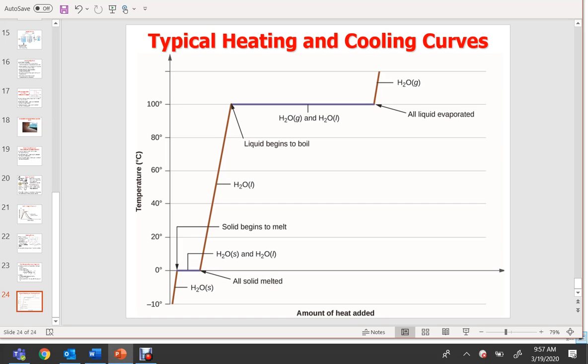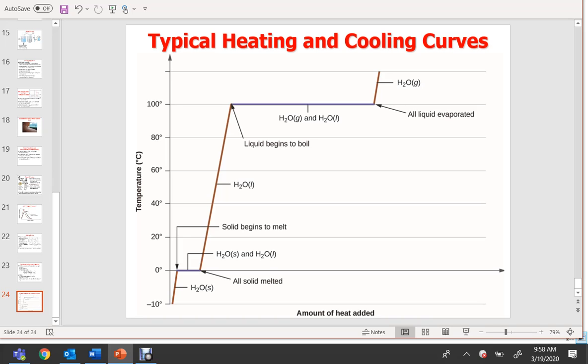However, before all the ice melts, the mixture will maintain its temperature. The reason is that if there's ice, the ice will absorb all the heat. And for a mixture, the temperature should be the same throughout the mixture. There's no way for ice to be above 0 Celsius degree. That's the reason why the mixture maintains 0 Celsius degree.